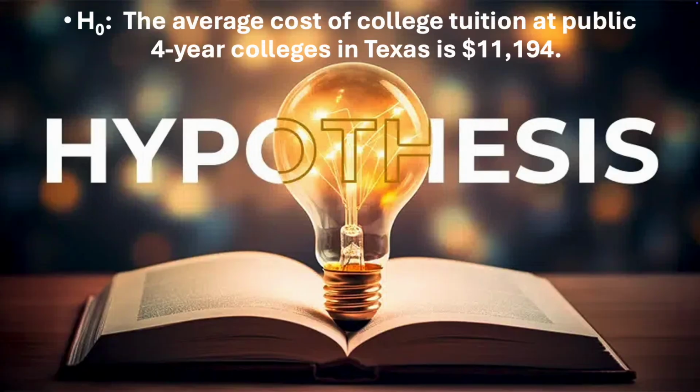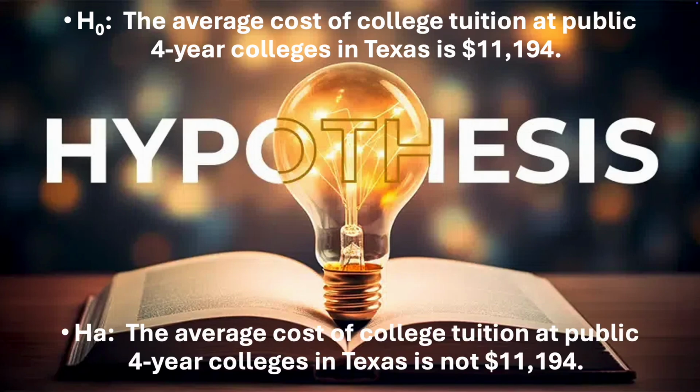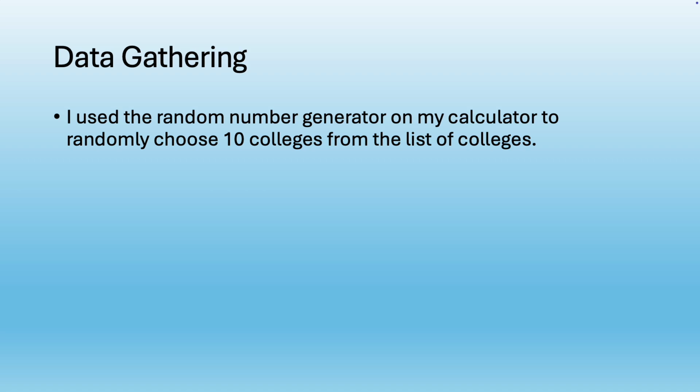So my hypothesis, the null hypothesis, is the average cost of college tuition at public 4-year colleges in Texas is $11,194. And then the alternative hypothesis is the average cost of college tuition at public 4-year colleges in Texas is not $11,194. Okay.